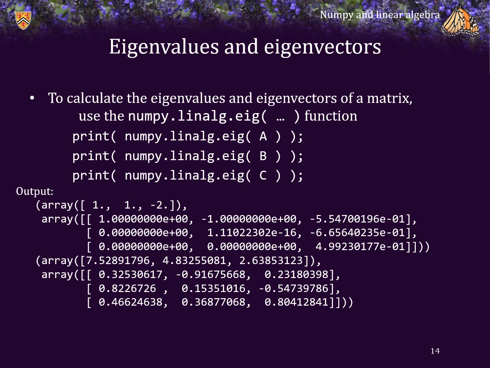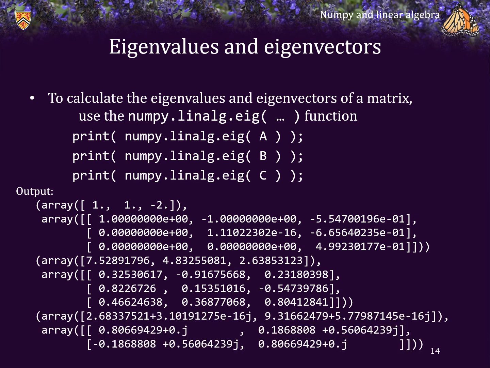The matrix C was conjugate symmetric, and therefore, again, we also see that the eigenvalues are real. We'll notice that there's a very small component that is complex, 3.10 times 10 to the negative 16 times j, which is essentially 0.